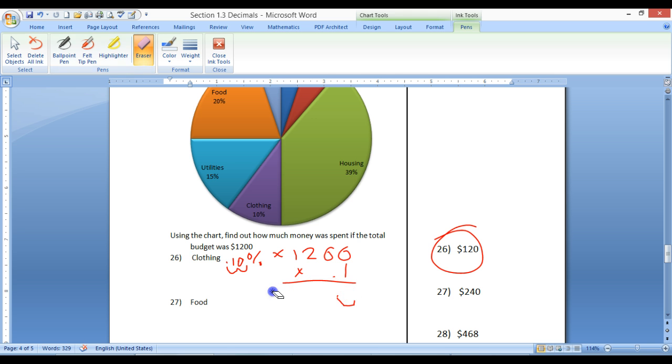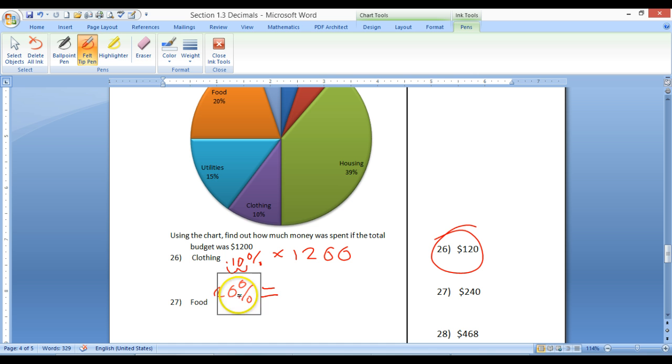And I'm going to do some erasing. If you needed to see that a little longer, go ahead and press pause or rewind so that you can see that. I'm erasing it so that I can move on to the next problem, which says find out how much was spent on food. Food, it tells me, is 20%. So again, I'm going to take this 20% and make it into a decimal.